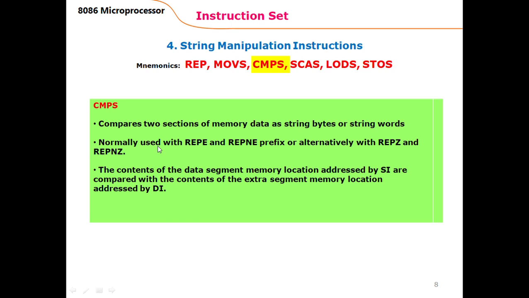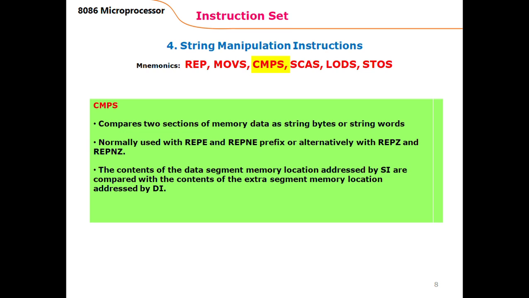The CMPS instruction is normally used with repeat equal or repeat not equal prefixes, or they can alternatively be used with REPE or REPNE prefixes. The contents of the data segment memory location addressed by SI are compared with the contents of the extra segment memory location addressed by DI, just like the MOVS instruction, where the source of data is the data segment with the offset address provided by the SI, and the destination of data is the extra segment with offset provided by the DI.